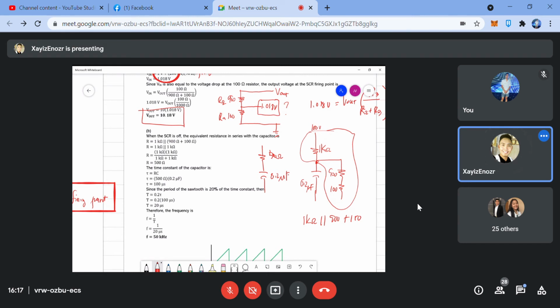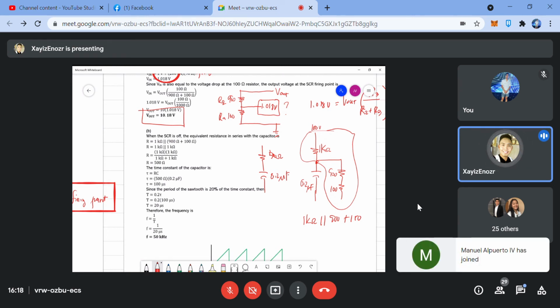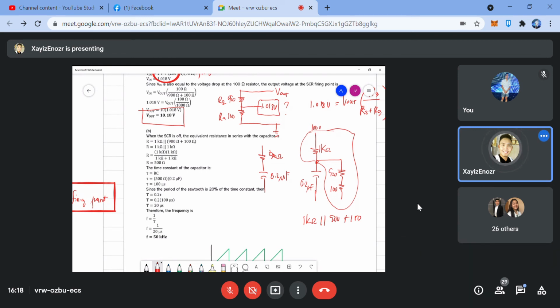That will be 100 microseconds. Okay? Then, since the period of the sawtooth is 20% of the time constant, kukunin mo ngayon yung period ng sawtooth, so 20% ng 100 microseconds, that will be 20 microseconds. Pero ang hinahanap is frequency.